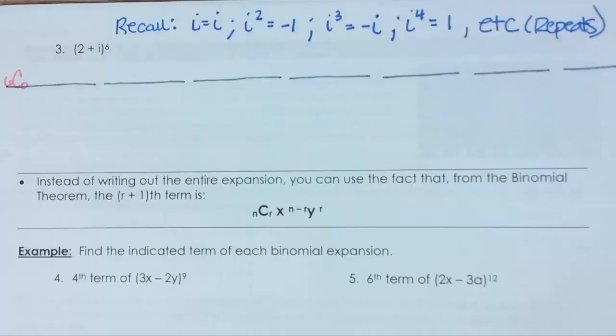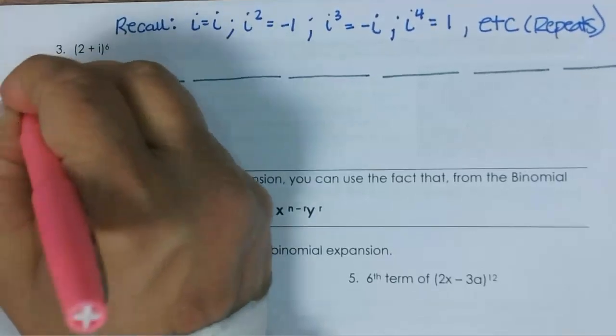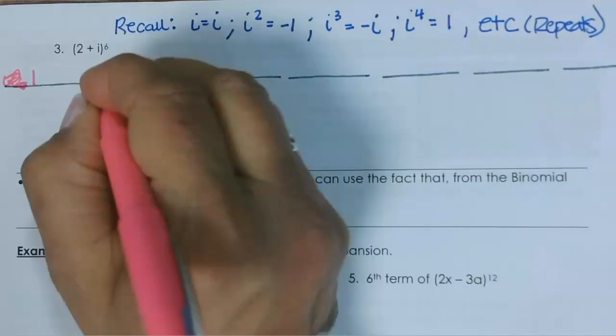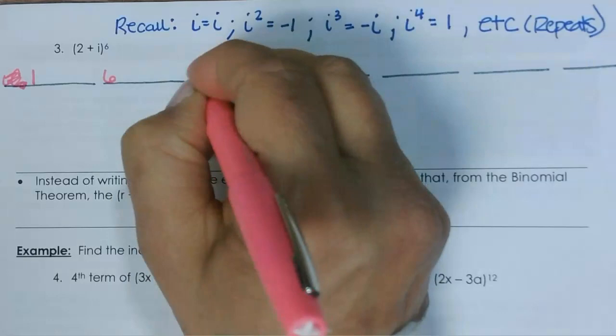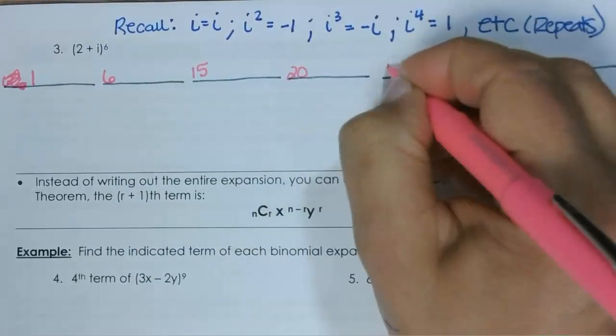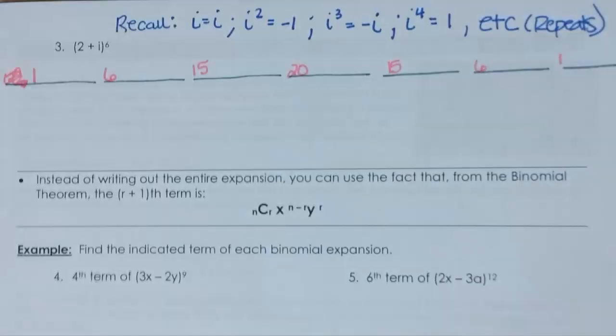Once you get used to that, maybe we don't write 6C0. Maybe I'm just going to write this as 1. And then I'll have the other pieces, 6, 15, 20, 15, 6, and 1. Okay.